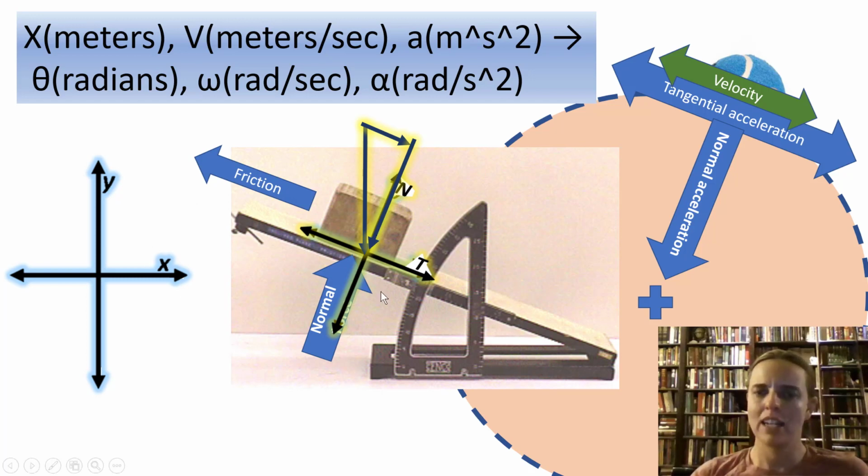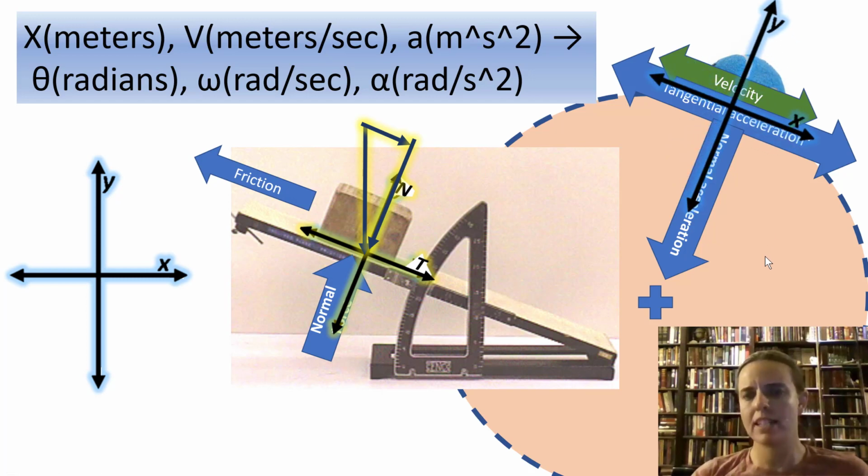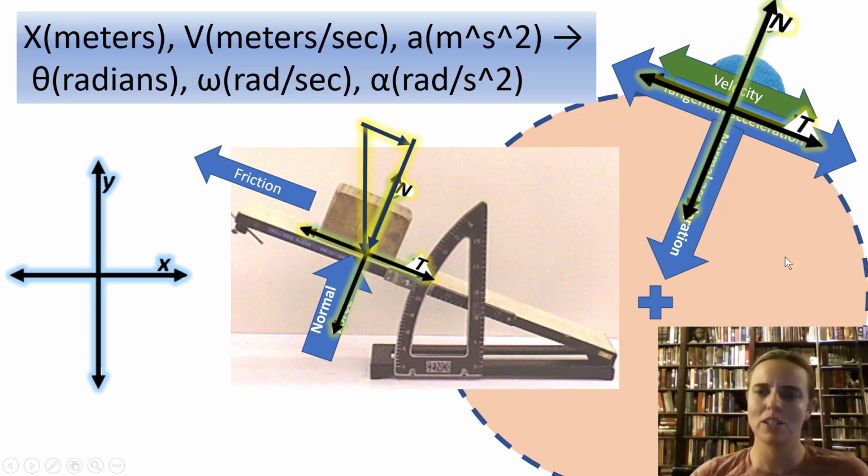Okay, so how does that translate into rotational motion? For rotational motion, it makes sense to put something kind of in this radial direction and then 90 degrees to it. And you can think of it as x and y, but once again we're going to just rename that into normal and tangent directions, or sometimes we'll call this a radial and transverse direction.